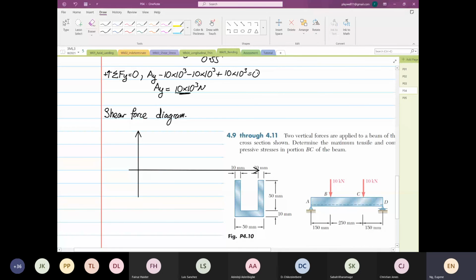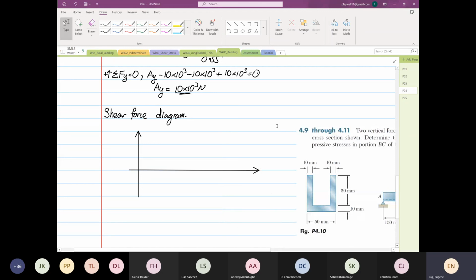This is 10, this is minus 10, and this is V. This is 0.